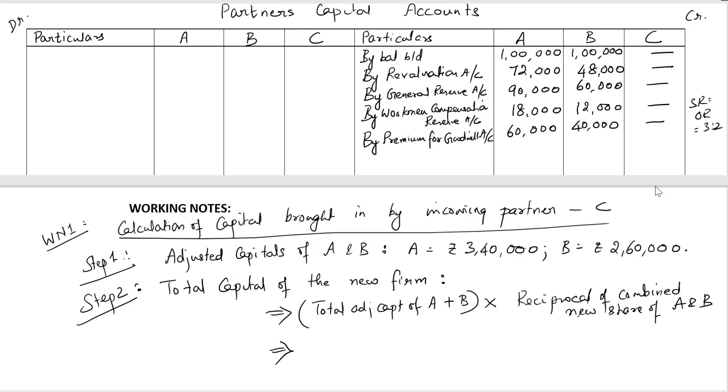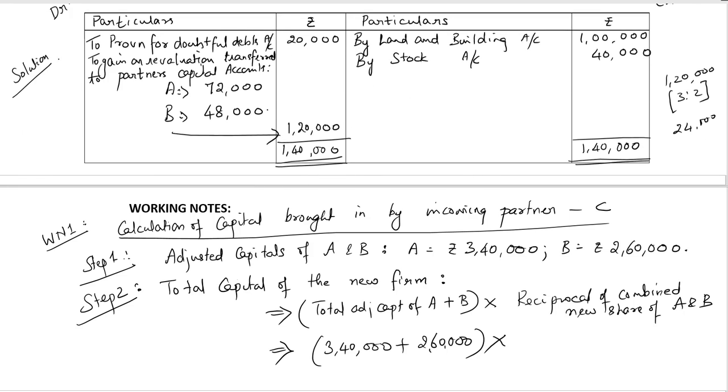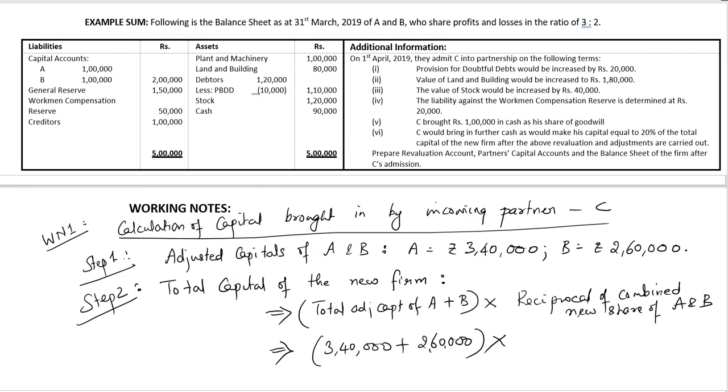The total adjusted capital of A plus B is 3,40,000 plus 2,60,000, and we'll multiply it with, when we refer to the question, it says in the 6th point, C would bring in further cash as would make his capital equal to 20% of the total capital of the new firm.